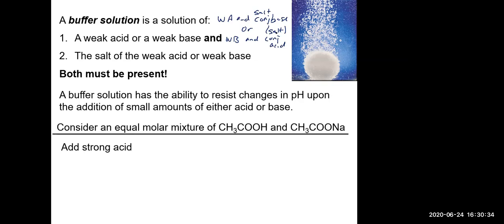Maybe it goes from 5 to 4.9. But you will not see a tremendous jump in pH when you add the acid. You won't see the pH go from 5 to 1. It will go down a little bit.